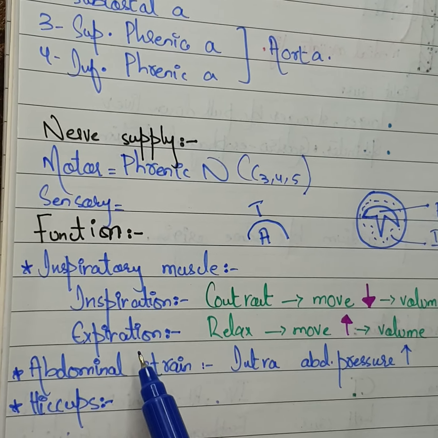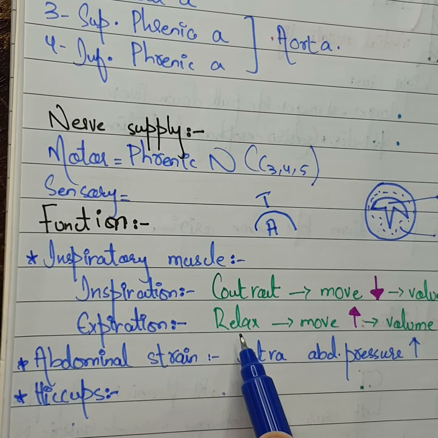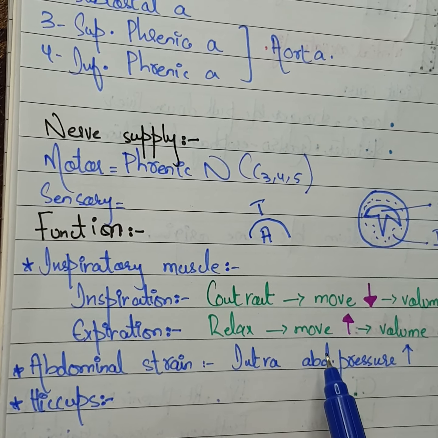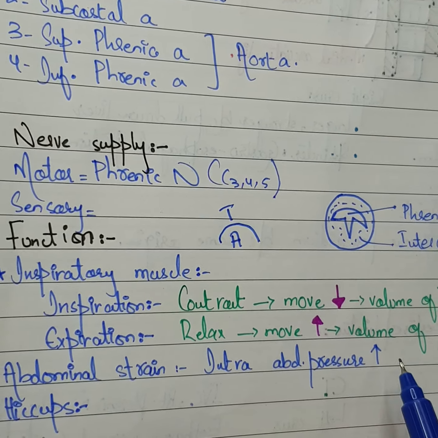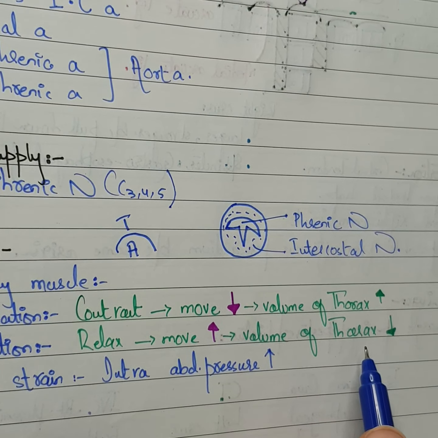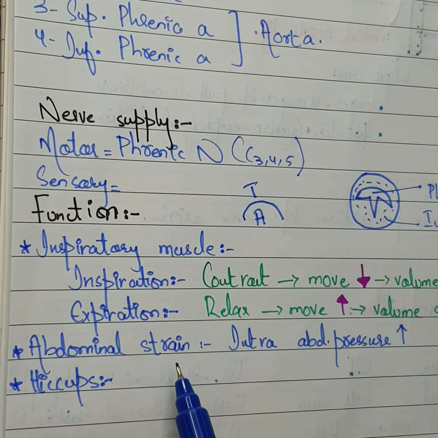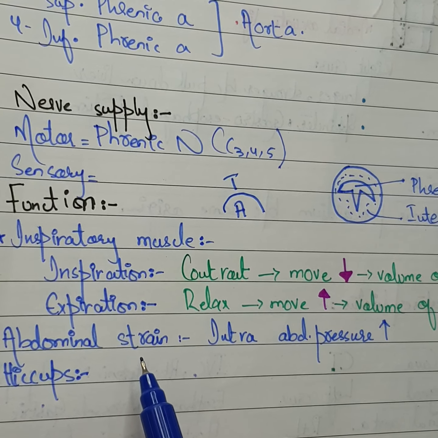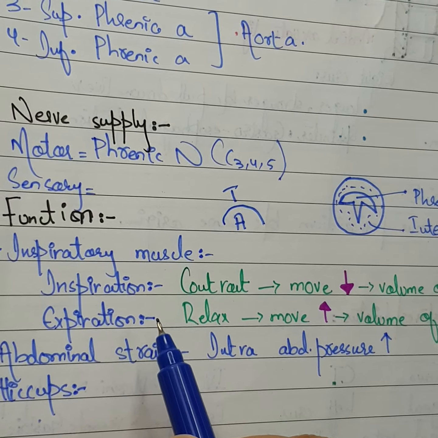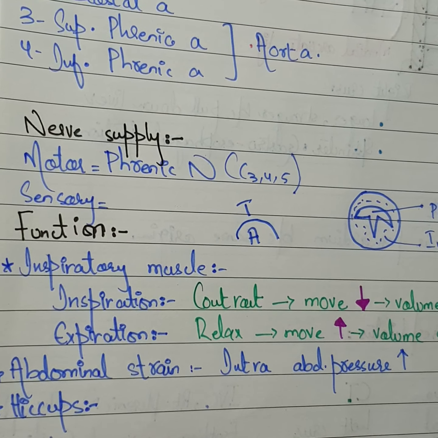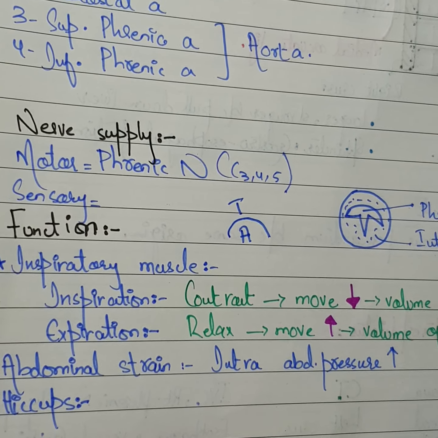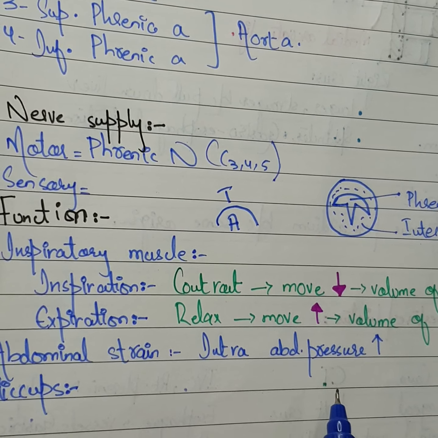Okay, what happens in expiration? The diaphragm relaxes. When the diaphragm relaxes, it moves back up to its normal position, and the volume of the thorax decreases and expiration occurs. Then the next function of the diaphragm is abdominal strain. The diaphragm contracts together with abdominal muscles to increase the intra-abdominal pressure.